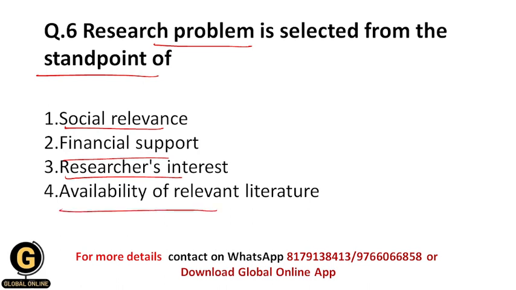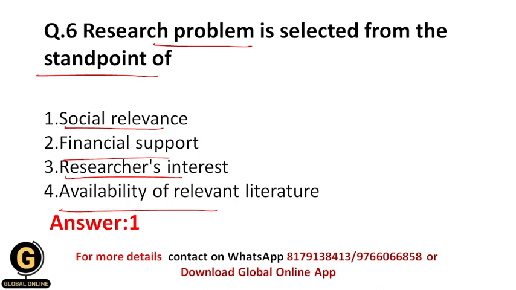So students, the correct answer to this question should be 1, because we do the research to solve the problems which are there in the society. Okay, I know researchers' interest is also a more important thing, but apart from researchers' interest, the most important thing is social relevance.